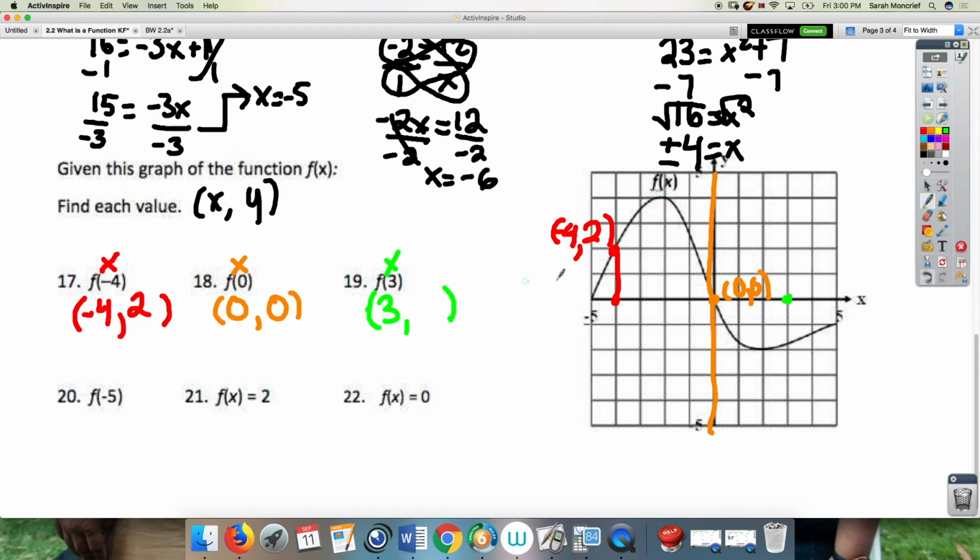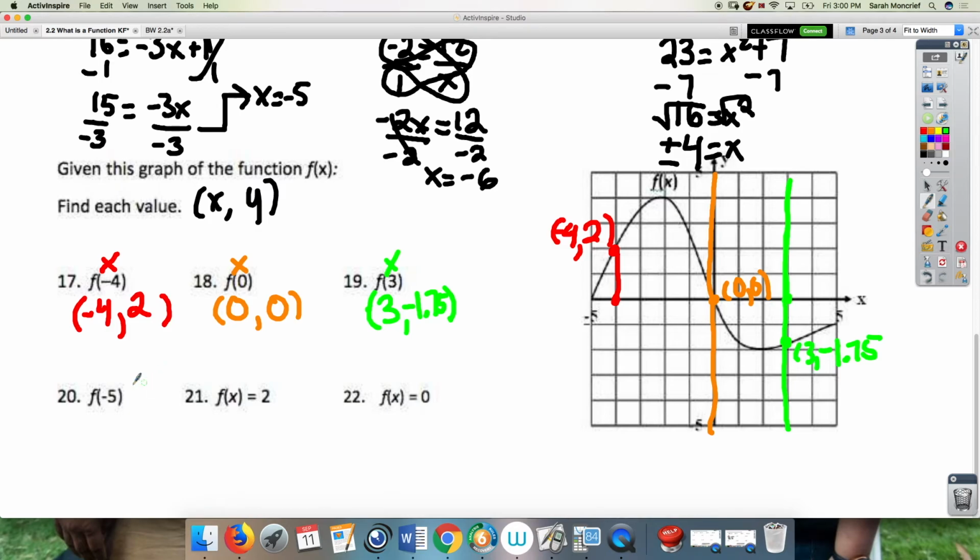Am I going to draw my line to the left and right or up and down? Up and down. Let's draw a line all the way across. How many times does this one cross my curve? 1, so about right here. Now this one's not perfect, but it crosses at about negative 1.75. So this point would be 3 comma negative 1.75.